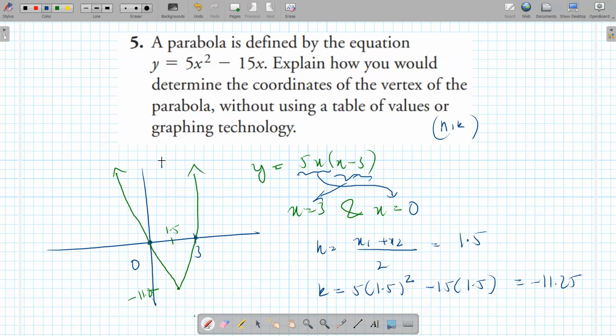This line that goes through 1.5 is called the axis of symmetry, which cuts the graph in half. What's the equation of that dotted line? x equals 1.5. Good.